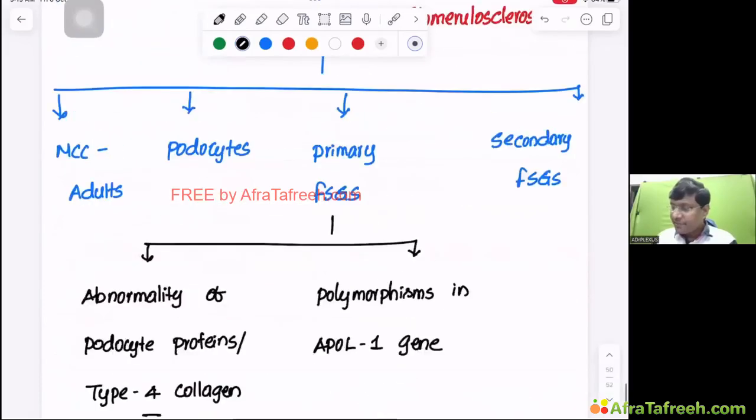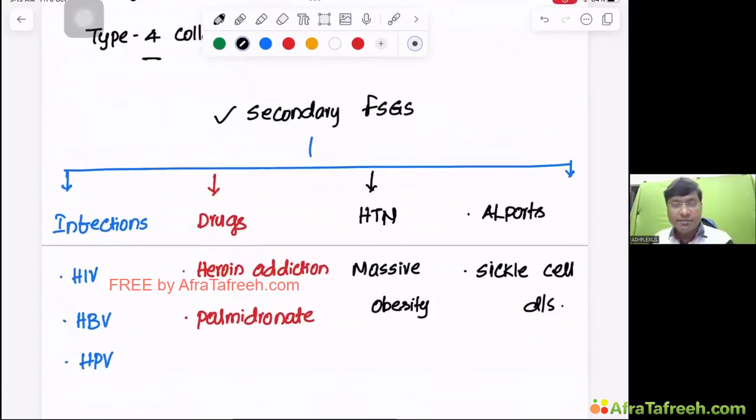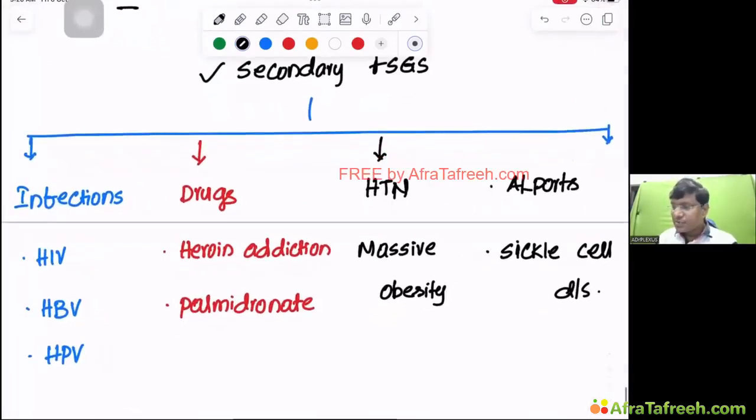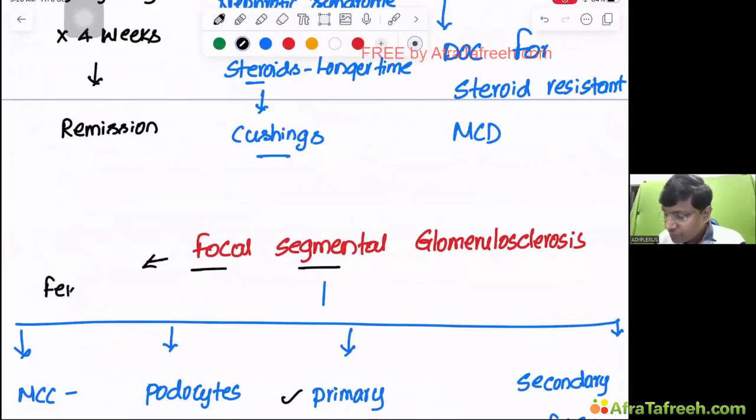So in primary, pathology is directly within the kidney, whereas in secondary, some other etiology or some other comorbidity will be causing pathology within the kidney. Now, in case of the focal segmental glomerulosclerosis, why are we using this term focal and segmental? Why are we using this particular term focal is because it is only few glomeruli which get affected, right?